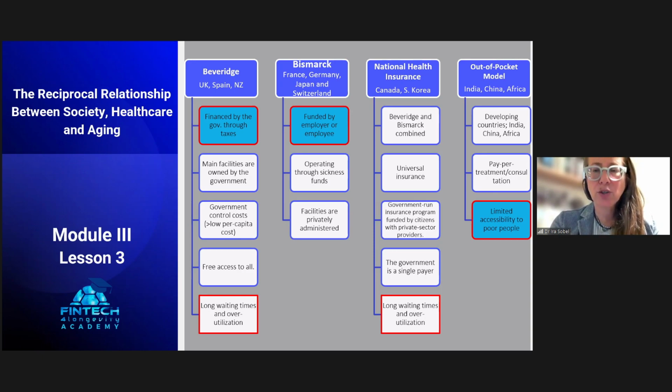This is especially true for individuals who do not qualify for public programs and also can't afford private health insurance. So the US healthcare system is often criticized for its complexity, high costs, and the fact that it leaves a significant portion of the population uninsured or underinsured.